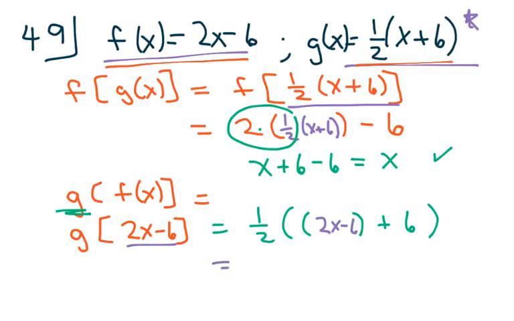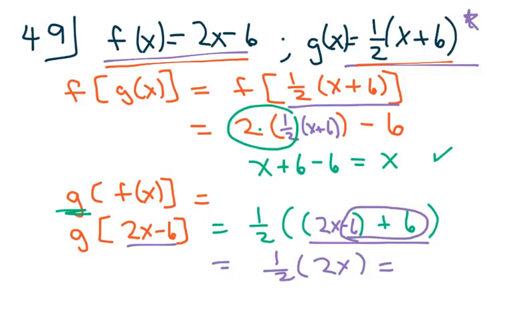And then I just kind of use my PEMDAS tricks. I know this I can combine, and I'll just get 1/2 of 2x, because negative 6 plus 6 is 0. And 1/2 of 2x is just x. So that checks. So basically know how to do this kind on your unit exam.